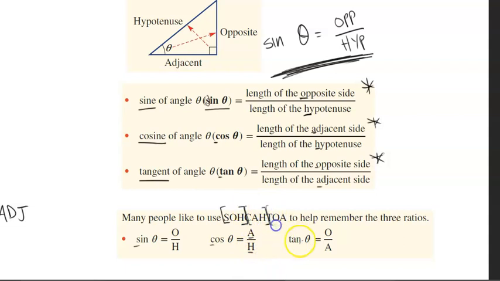And tan, first letter of tan, first letter of opposite, first letter of adjacent is toa. So soh cah toa is this thing that we use. I wouldn't really know what to call it. I like to think of it as some weird kind of chant. So soh cah toa. This will help you remember the trigonometric functions: that sine is opposite over hypotenuse, cos is adjacent over hypotenuse, and tan is opposite over adjacent.